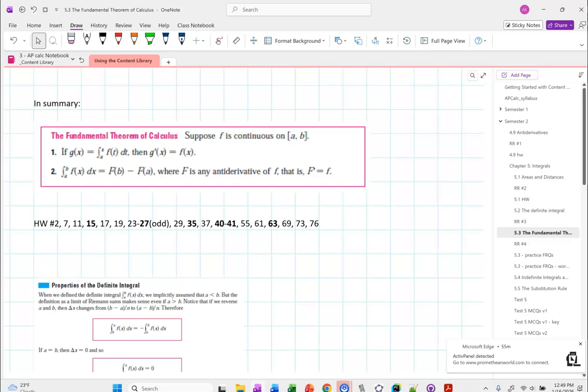We'll work on how to do all those little circumstances and then start looking at applications of integrals, like what can I use an integral to do, what kind of real life problems can I solve with this thing. And that's basically second semester.